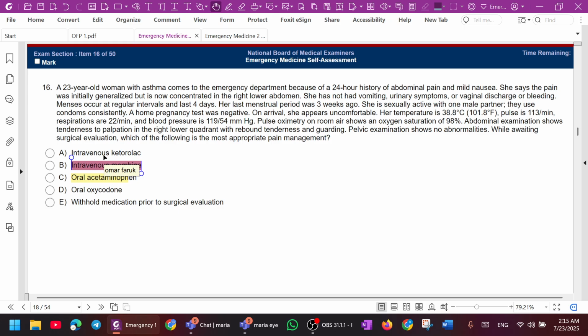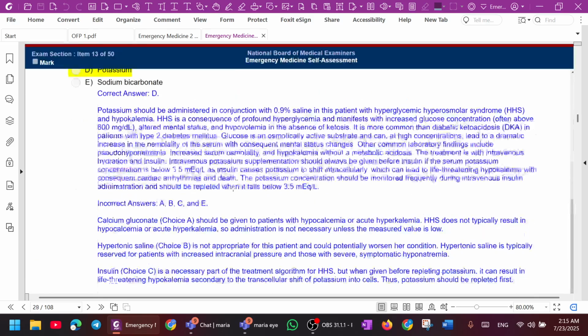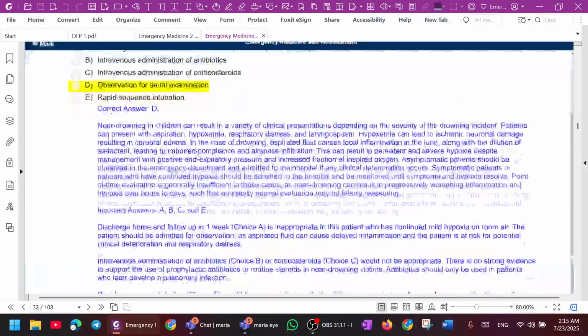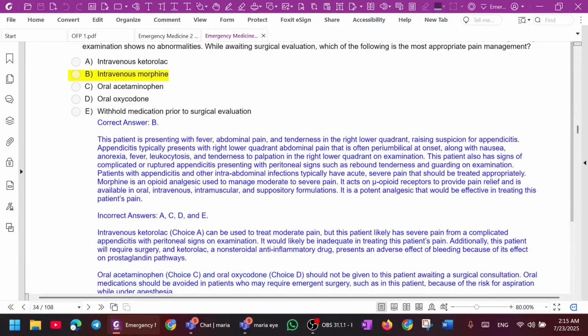Ketorolac can be used to treat moderate pain, but this patient likely has severe pain from complicated appendicitis with peritoneal signs. It will likely be inadequate in treating this patient's pain. Additionally, this patient will require surgery, and ketorolac, an NSAID, has an adverse effect of bleeding because of its effect on prostaglandin pathways.